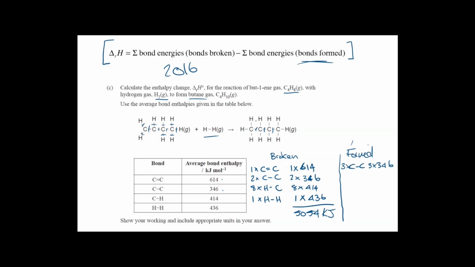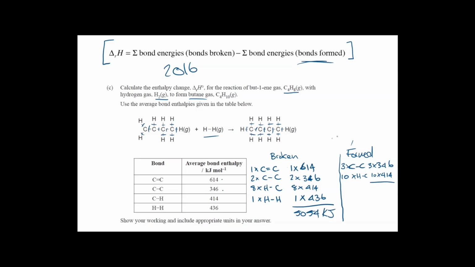Okay, and then we have these hydrogen carbons, and there are 1, 2, 3, 4, 5, 6, 7, 8, 9, 10 of them. Hydrogen carbon, and we go to our table. Carbon-hydrogen, hydrogen-carbon, 414. So 10 times 414.